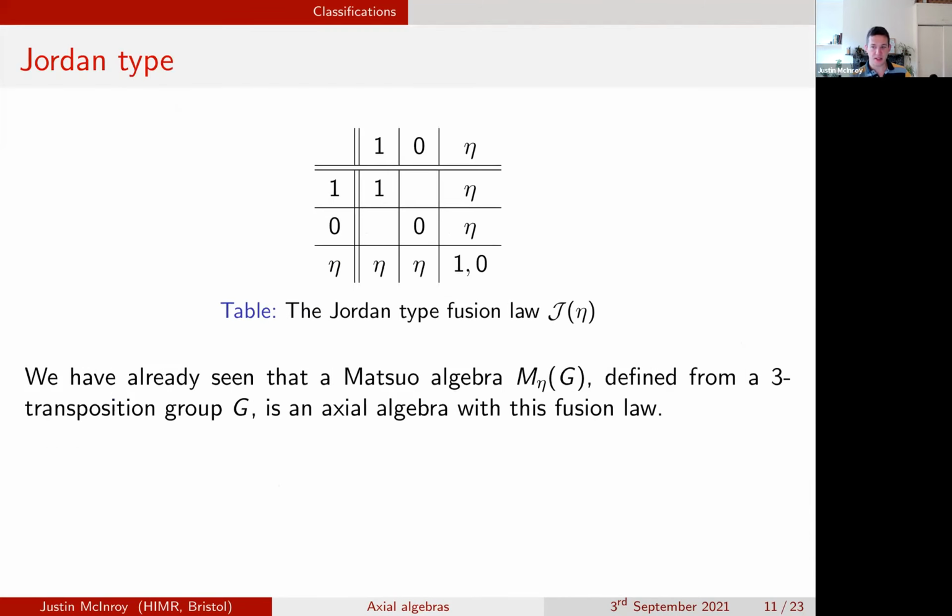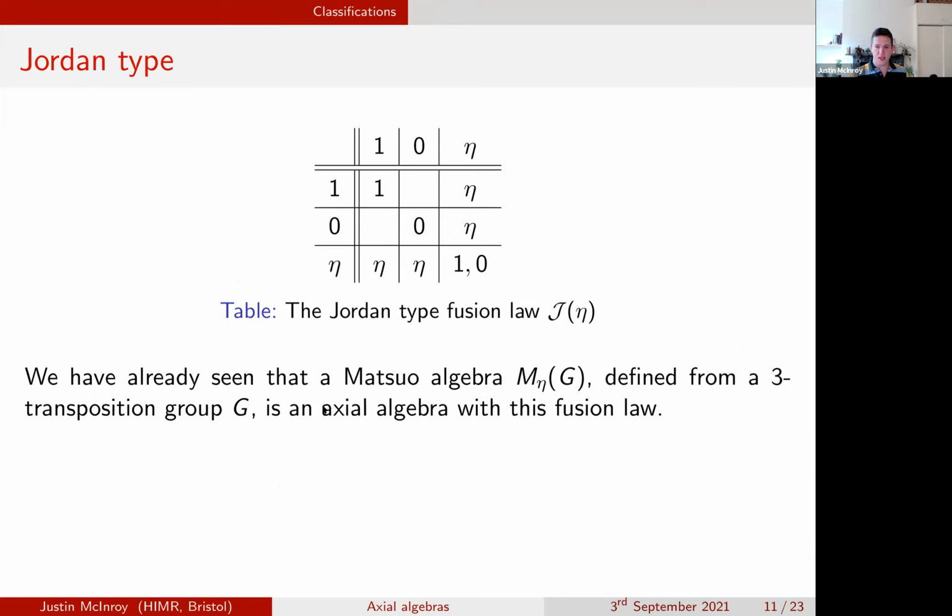Okay, so what about the next type of fusion law, this Jordan type eta? Well, we've seen already this class of algebras, these Matsuo algebras, which are defined from a 3-transposition group. This was an example in my second lecture, I think, motivated in my first lecture.